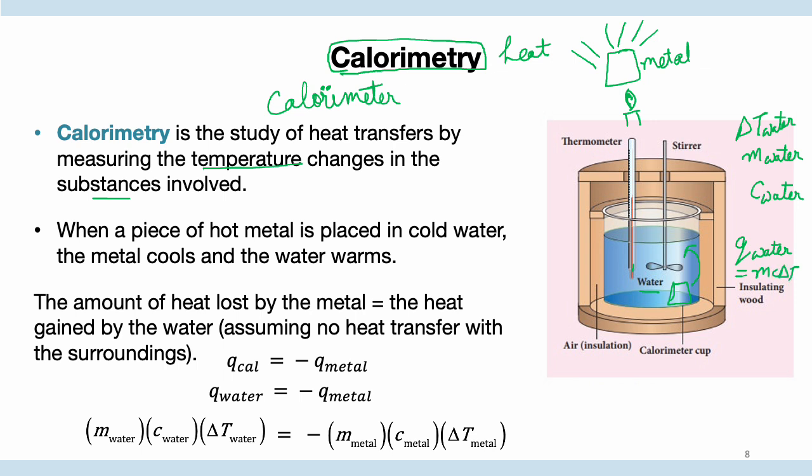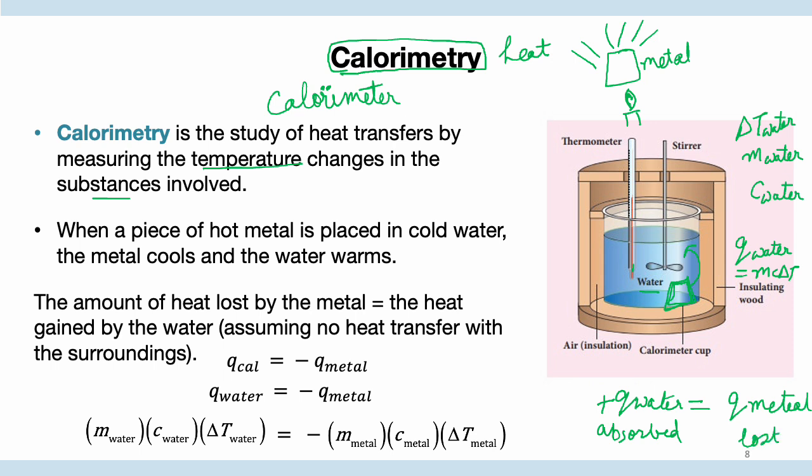And where is all this heat of water coming from? All this heat of water is coming from this piece of metal that I added, which means the heat that water absorbed, I will call it a positive heat, increase in energy, is equal to all the heat that was lost by the metal. So water absorbed the heat and metal lost the heat.